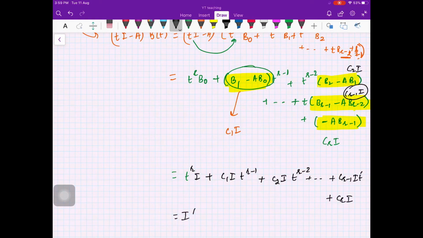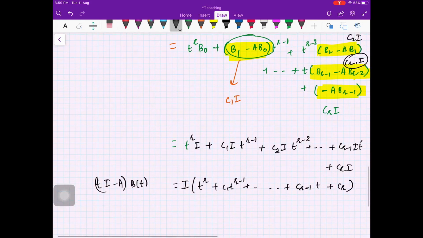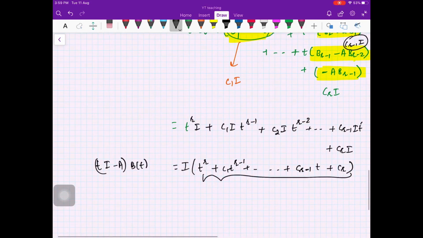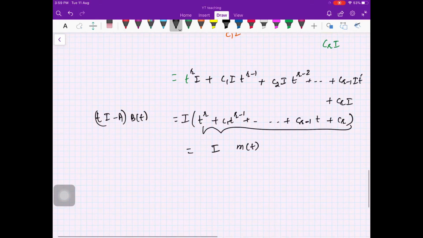So here you take I, and inside the bracket you will have T raised to power R plus C1 T raised to power R minus 1 plus, and so on, CR minus 1 T plus CR. So this is equal to TI minus A into BT. Now what is this? This is MT into I. Right, so this matrix looks like MT, MT, MT, how many times?